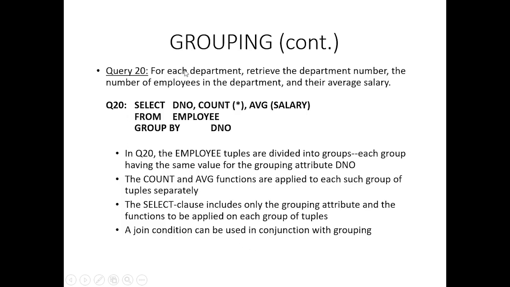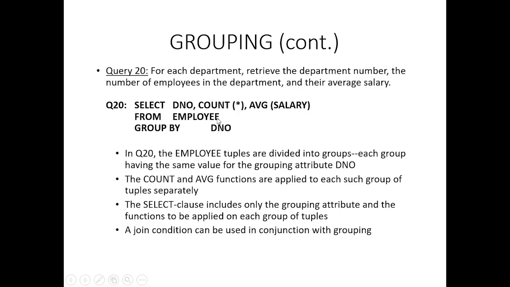So for each department, retrieve the department number, the number of employees in the department, and their average salary. So select DNO, count star, that is to get the number of employees in the department, then the average salary from employee group by DNO. So what happens here? It groups based on this condition.